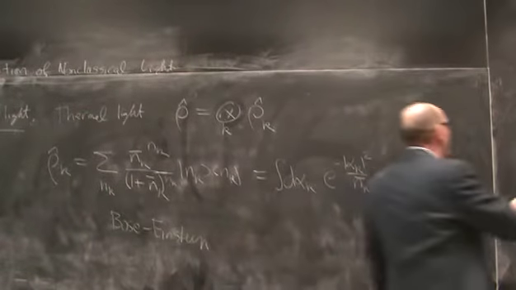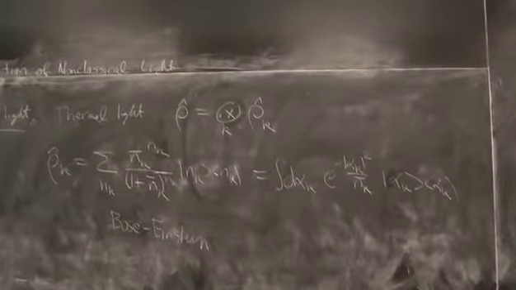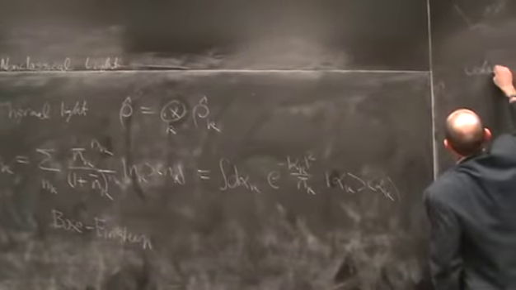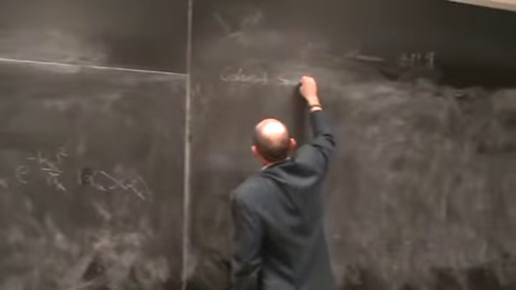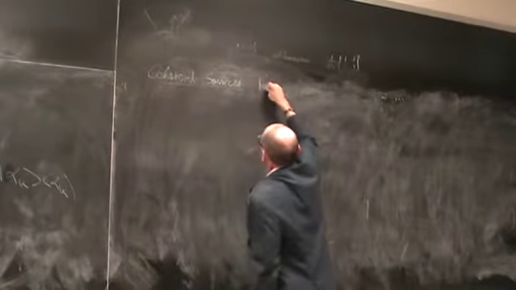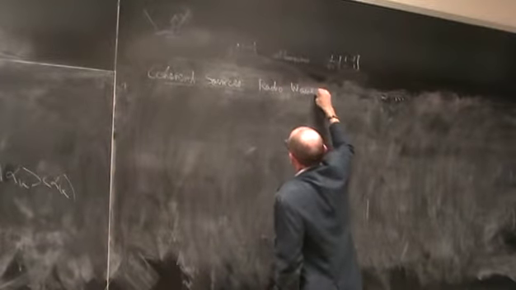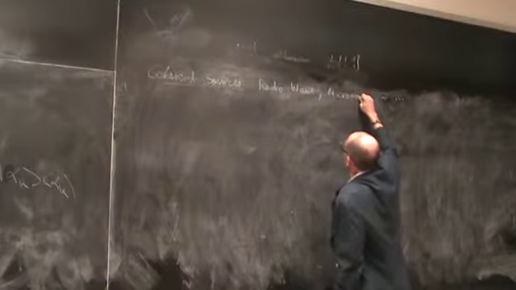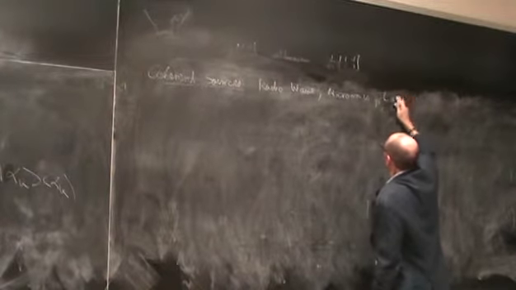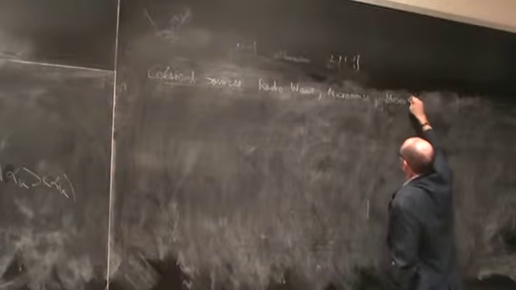Now, if we try to engineer, make our machines, the first thing we try to do is make more stable coherent sources, like radio waves, microwaves, and ultimately masers, lasers.